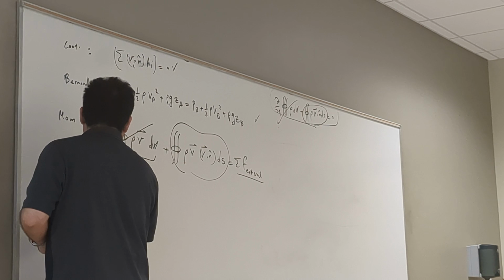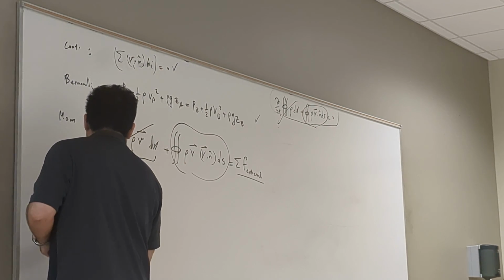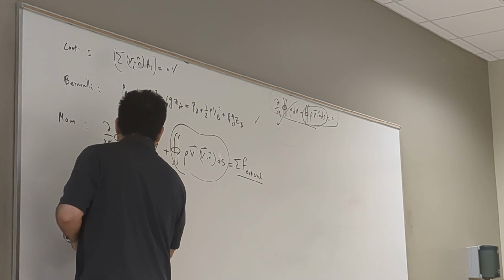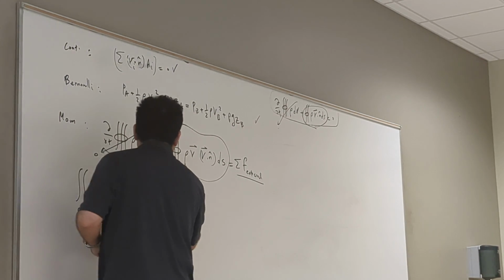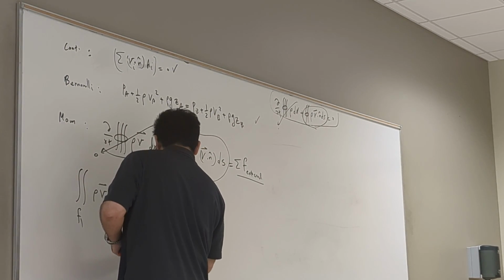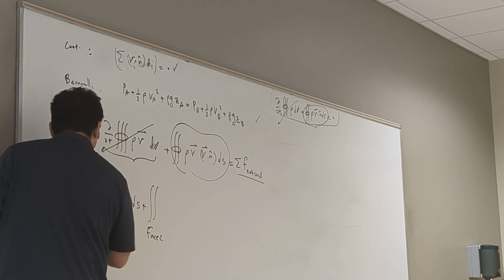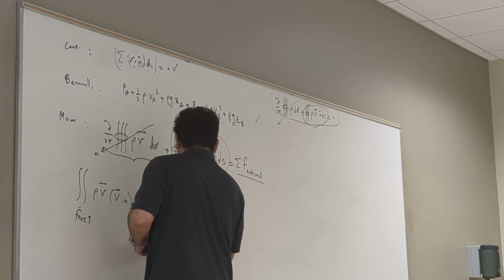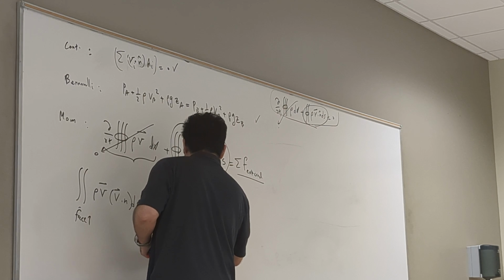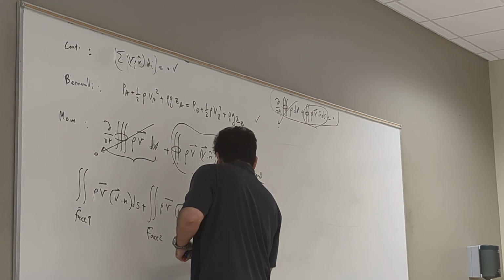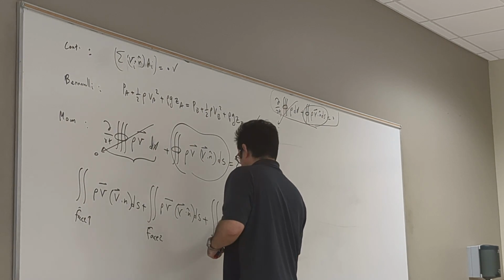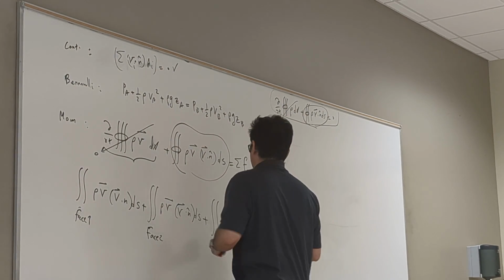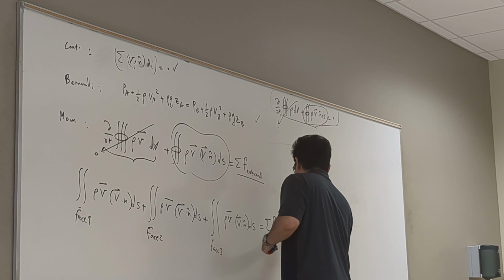I get the integral over phase 1 of rho v dot n dS, plus the integral over phase 2 of rho v dot n dS, plus the integral over phase 3 of rho v dot n dS, equal to the sum of external forces.